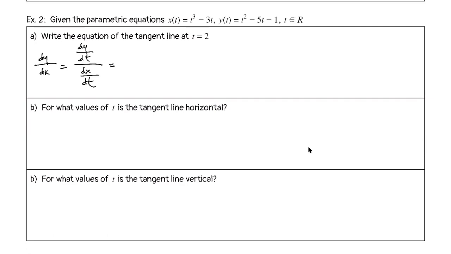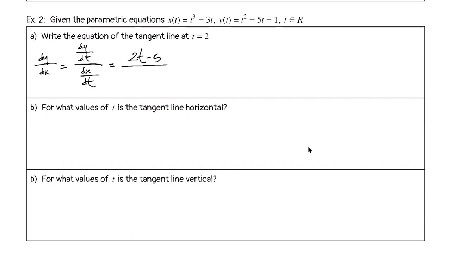Now, you don't have to write this out every time, but I didn't leave a space for the formula per se, so I just wanted us to see that formula as we work through the problems that it applies to. So let's take the derivative of the numerator. That's going to give us 2t minus 5.